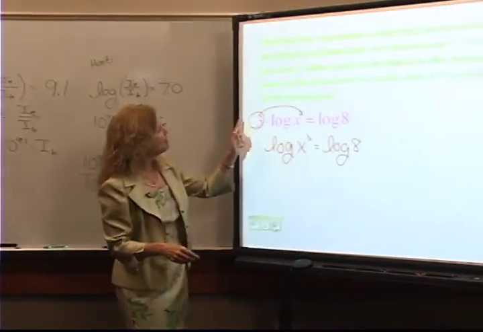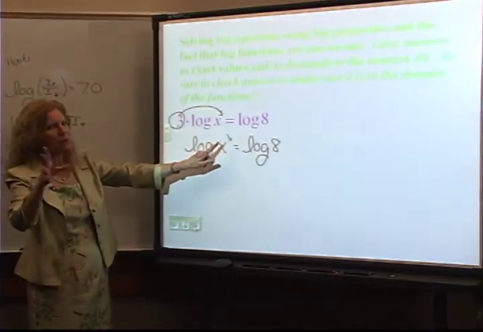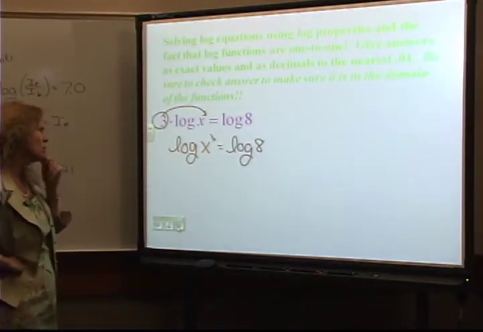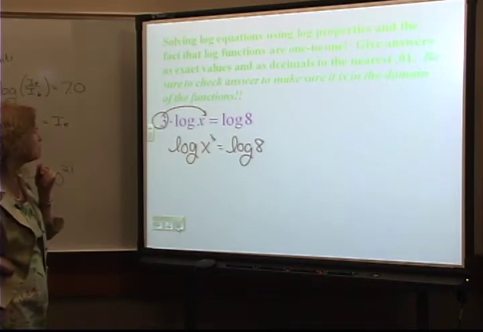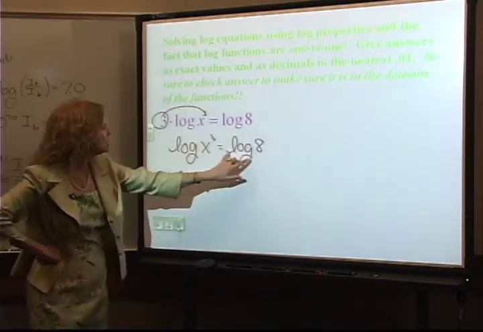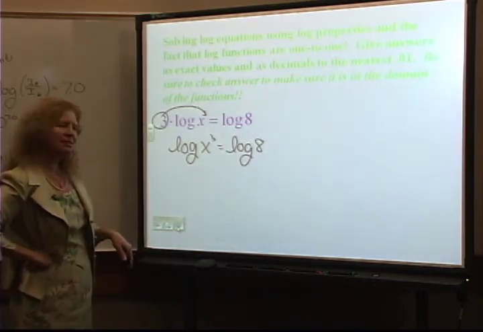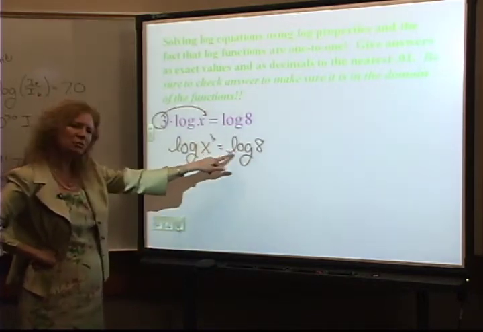Meaning this. The fact that I moved that 3 up, that was one of those properties of logs, and then I look at this and I say, you know, that's kind of interesting. If these two guys are going to be equal to each other, then does x cubed have to be equal to 8?